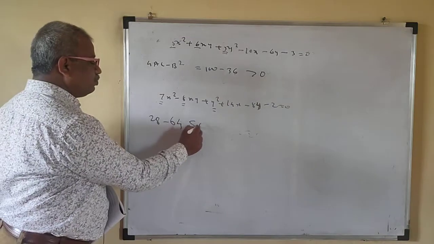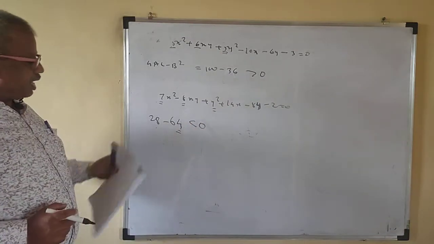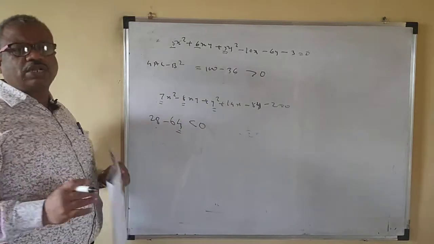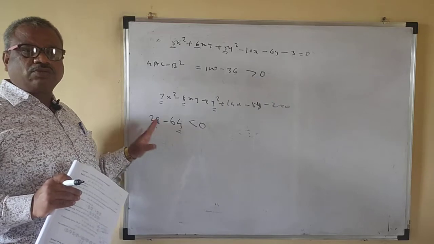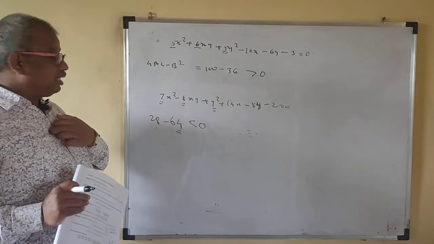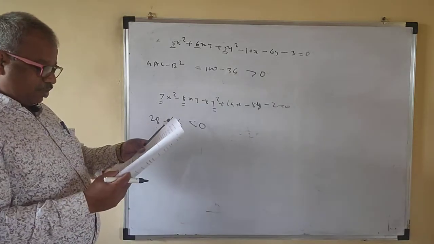So this is negative because 64 is greater than 28 and it has a negative sign. Calculation is not needed; we only have to judge whether it is positive or negative. So this is negative and it is a hyperbola.